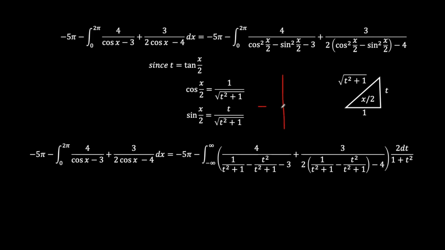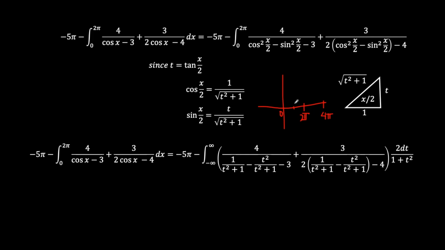So if you have a graph, right, and this is our 0, and then we have pi, and let's say this is 2 pi, and this is 4 pi.